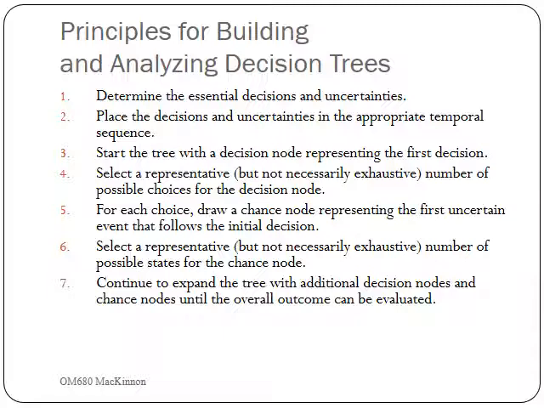And then we continue to expand the tree with decision and chance nodes until the overall outcome can be evaluated. So again, if you take a look at the previous slide, you'll see that not every decision is listed and not every uncertain outcome is listed.